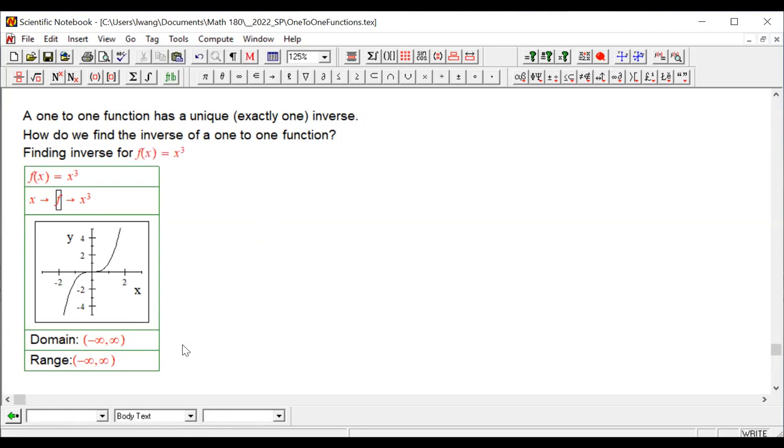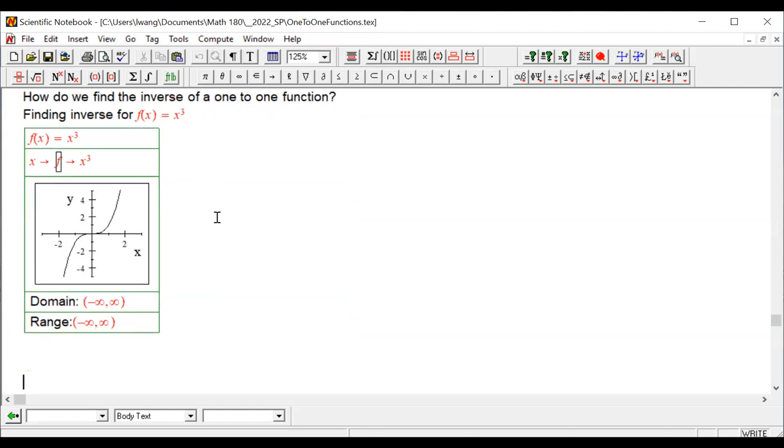Okay, the general steps. There are generally 2 steps. We have the function, we know it has the inverse, so we're going to set out to find it.